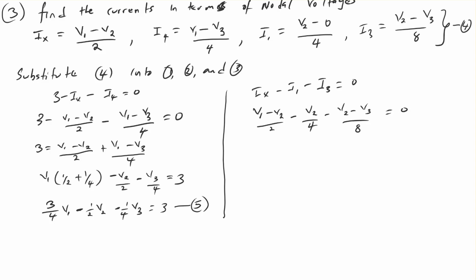All this will give me 0. We'll simplify, collect like terms, V1 into 1 over 2, and then V2 will be minus 1 over 2 minus 1 over 4 minus 1 over 8.